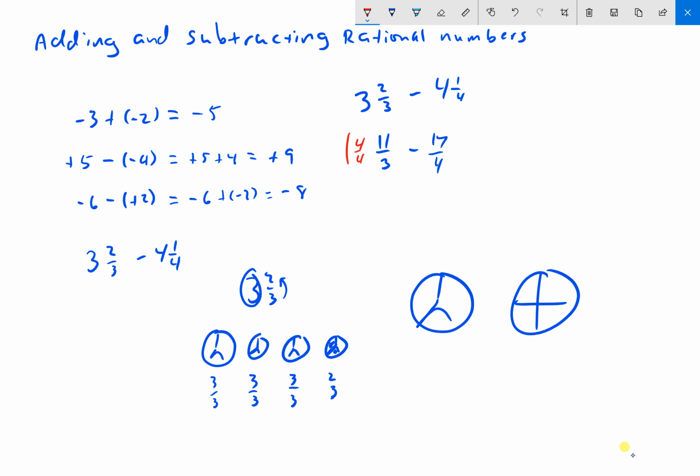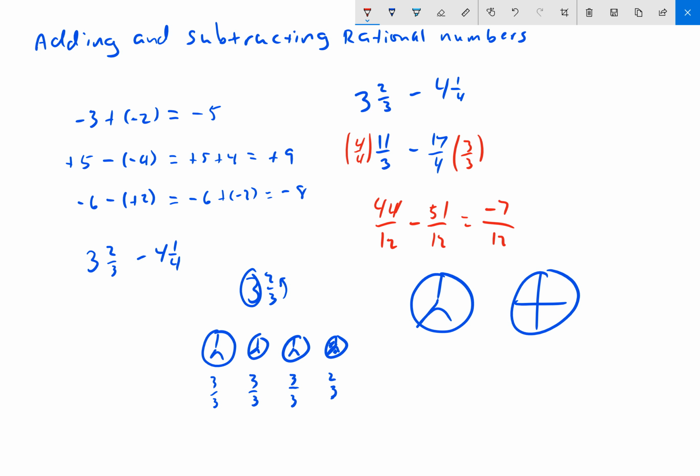I'm going to multiply this by 4 over 4, which is the same as 1, and this by 3 over 3. And I know what you're thinking. I thought this guy said we were going to be working with calculators, and we're not really working with calculators yet, but we will. That's going to be 51/12. And so what I end up with is 44 minus 51, which is -7/12.